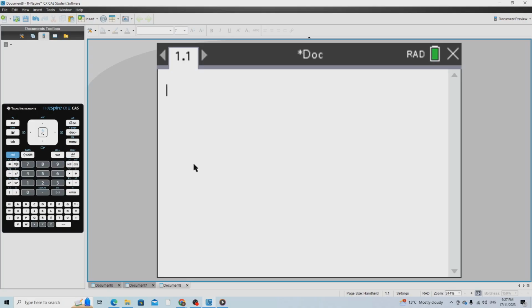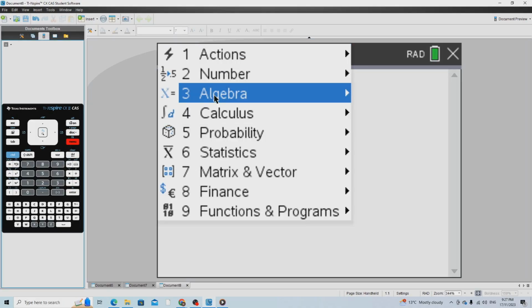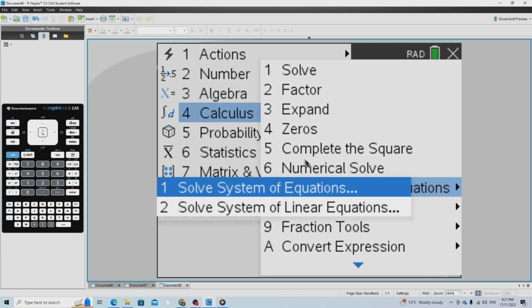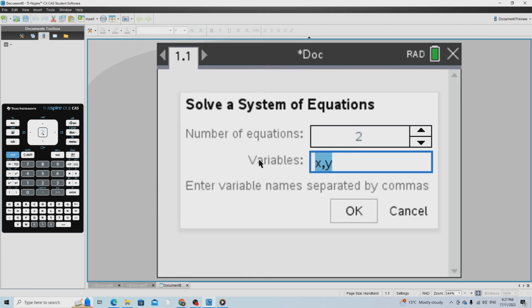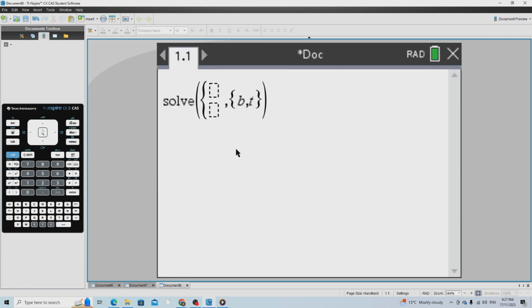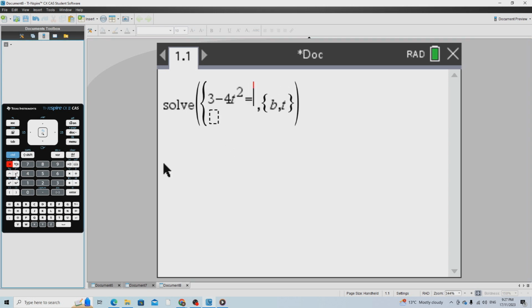So go to your CAS, go on menu, go to algebra, solve systems of equations. We want to solve for b and t. So equating our x components, we get 3 minus 4t squared is equal to 5t squared.